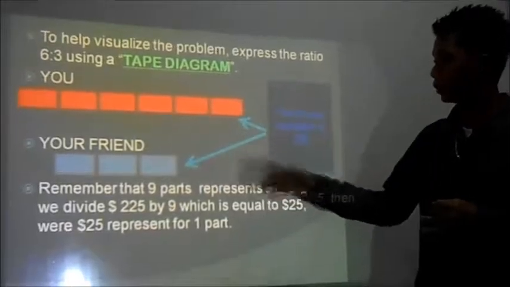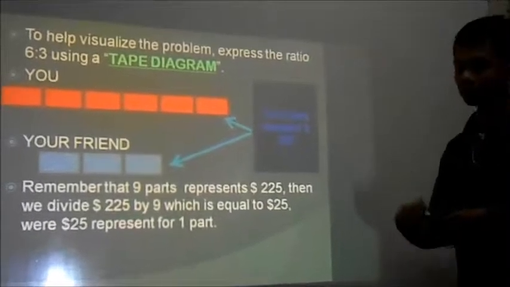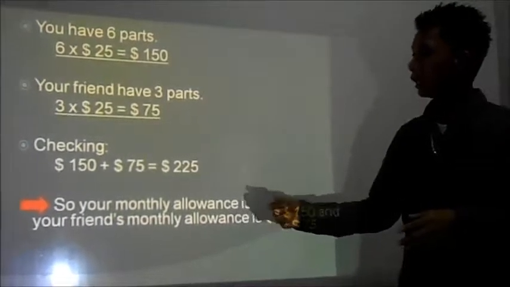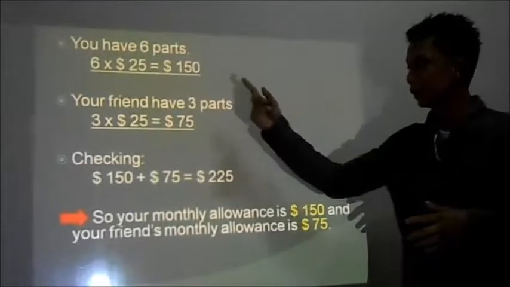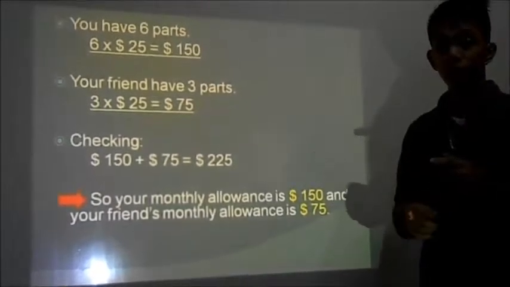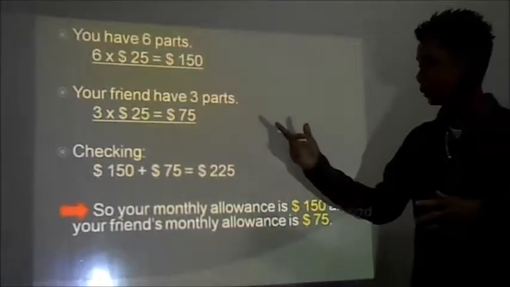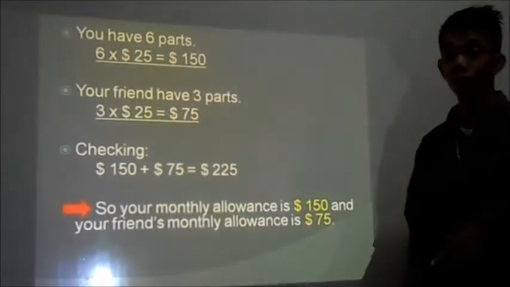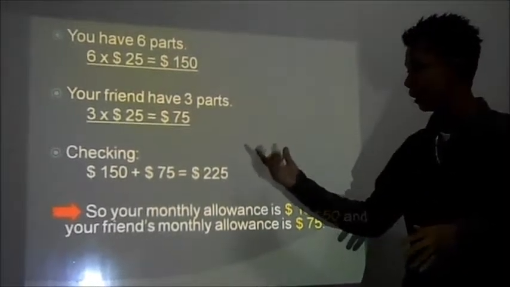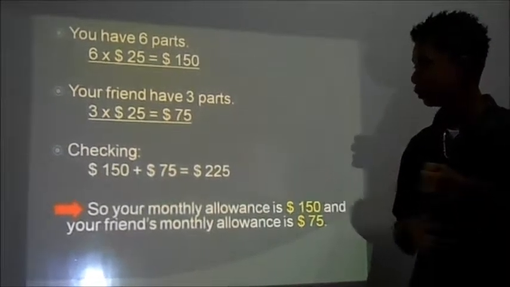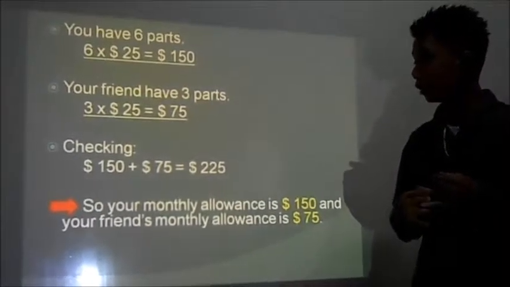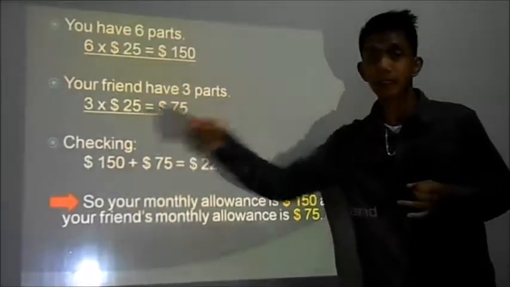Let us look back. You have 6 parts, so 6 times $25, which is the equivalent of 1 part. So the answer is $150. And your friend has 3 parts, so we multiply 3 parts times $25, where $25 means every part.